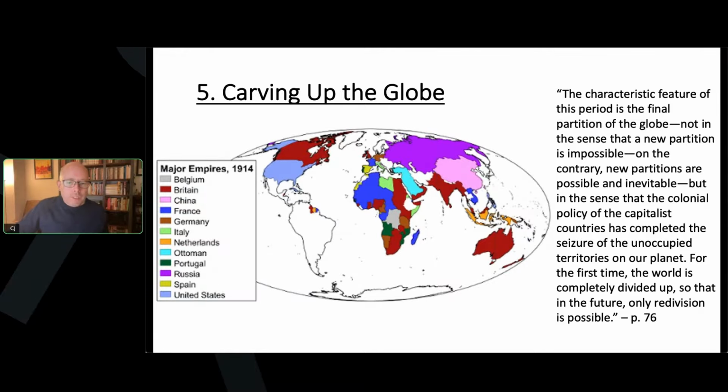That brings us to Lenin's fifth feature of the imperial stage of capitalism, which is the world's redivision among the great powers. By the time he's writing in the midst of World War I, pretty much every territory that was not an independent state had been claimed by one colonial power or another.